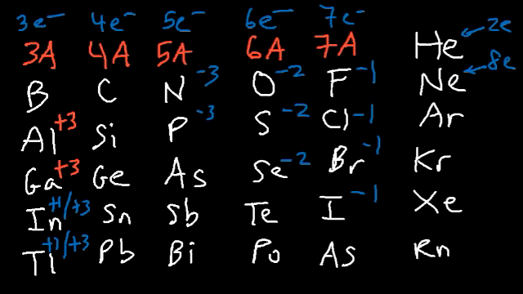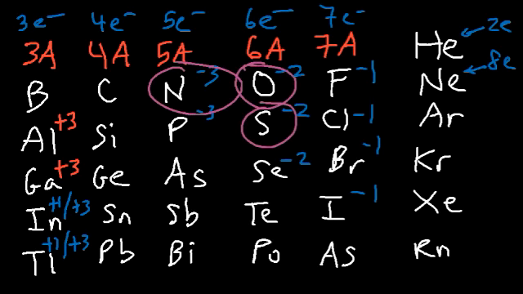Now let's say you get a question that asks which of the following elements shares the same chemical reactivity, or is most similar chemically speaking. Let's say you have nitrogen, oxygen, sulfur, fluorine, and neon. Whenever you have 2 elements in the same column, they share similar chemical properties.